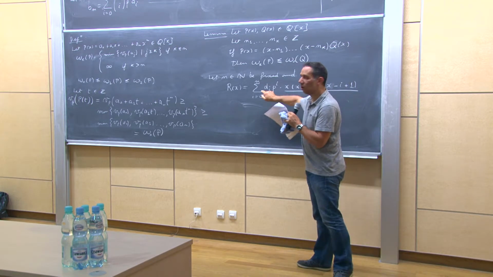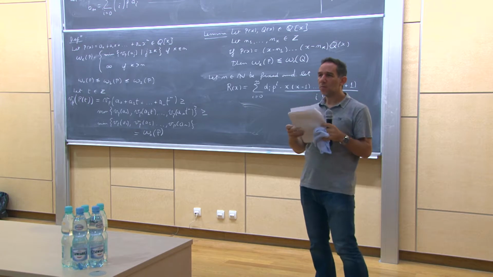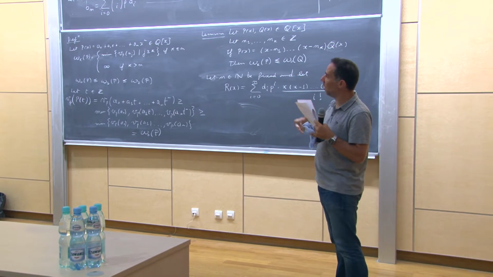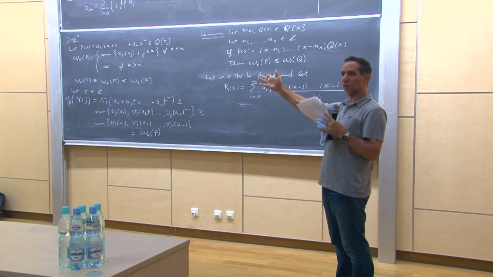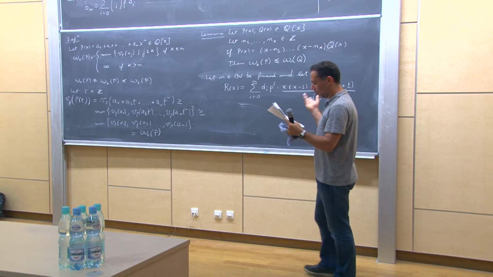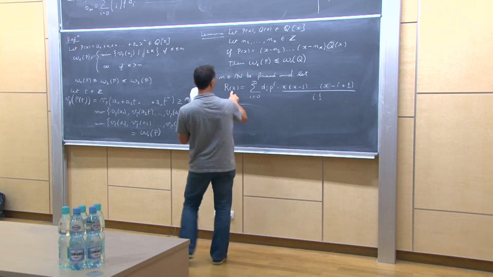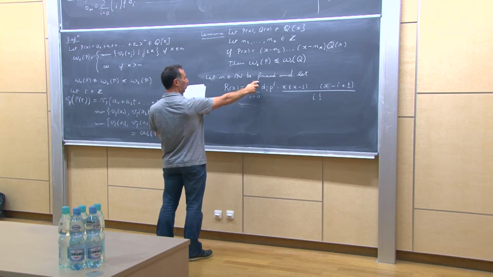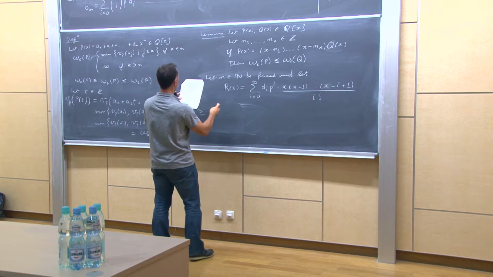The d_i here are the d_i's that you have in the statement of the original lemma, the sequence that's given to you, and you're just forming this polynomial R of x, which for every n you've got a different R of x.